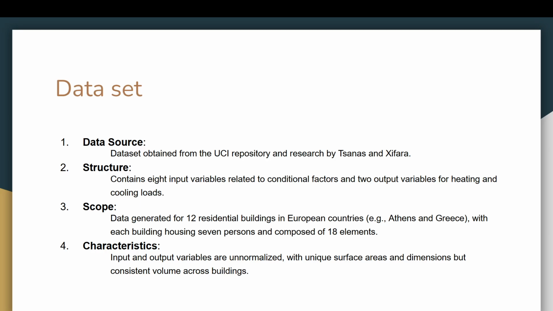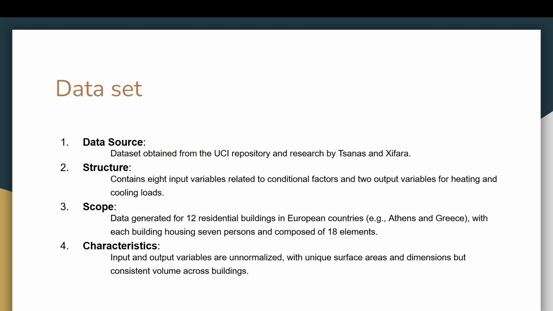The dataset was obtained from the UCI repository and Synapse and CFR, consisting of 8 input variables related to conditional factors and 2 output variables representing heating load and cooling load.